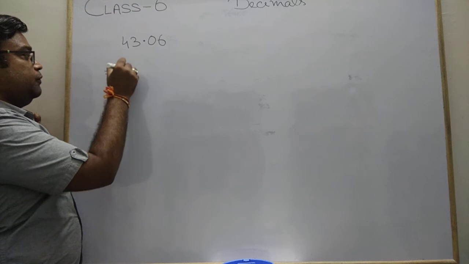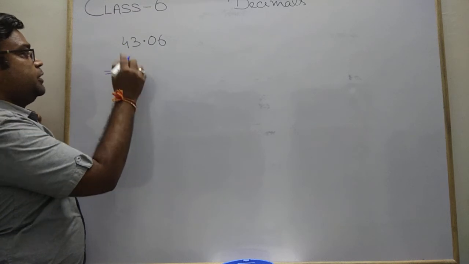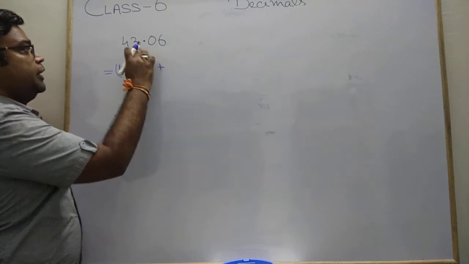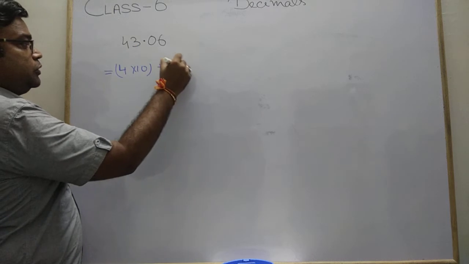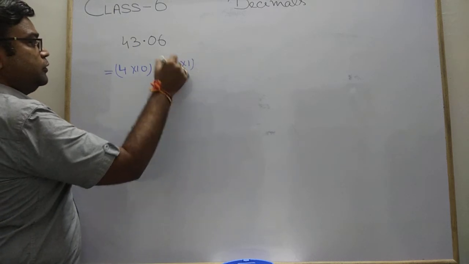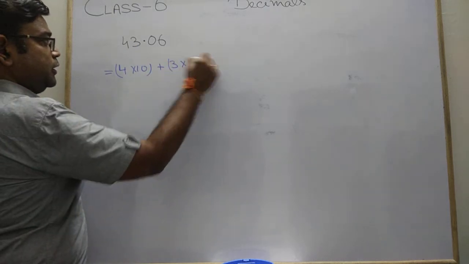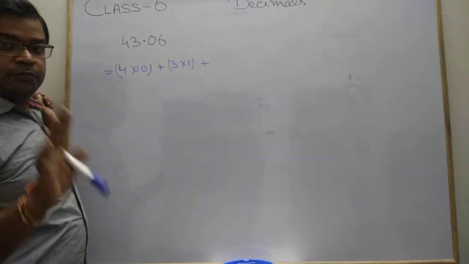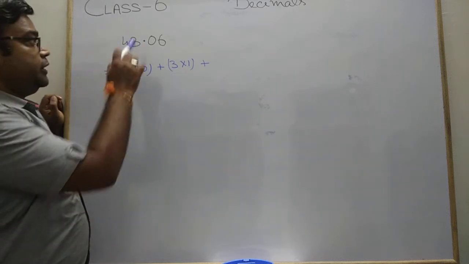So it's a 4 in the tens place, so 4 into 10, use bracket, plus it's a 3, so 3 into 1, plus, then what we have is the decimal.